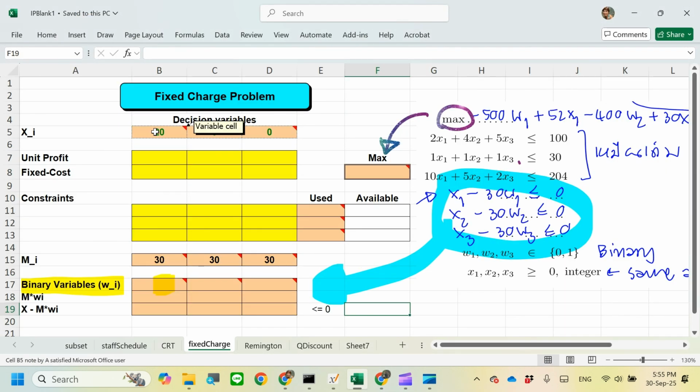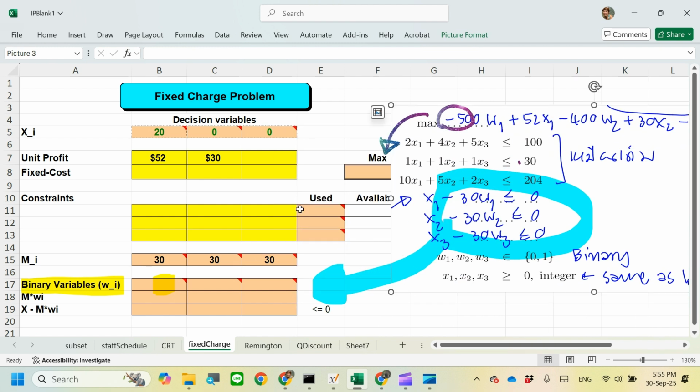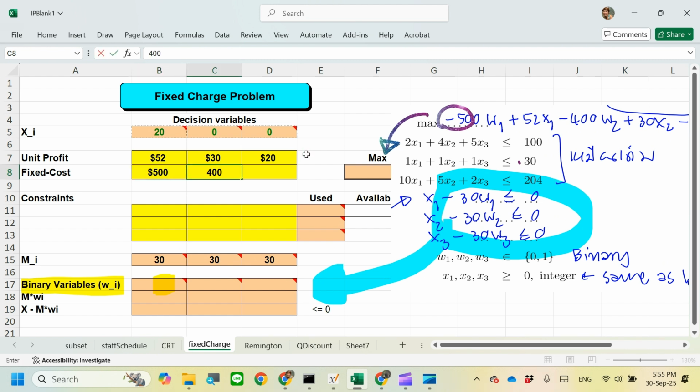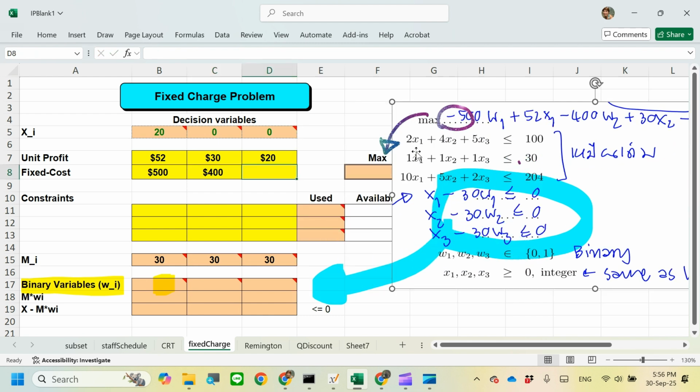So the decision variables are up here, and then we put the unit profit of 52, 30, and what is the other one? 20. And then the fixed cost is 500, and then 400 for 2, and then 300 for 3.